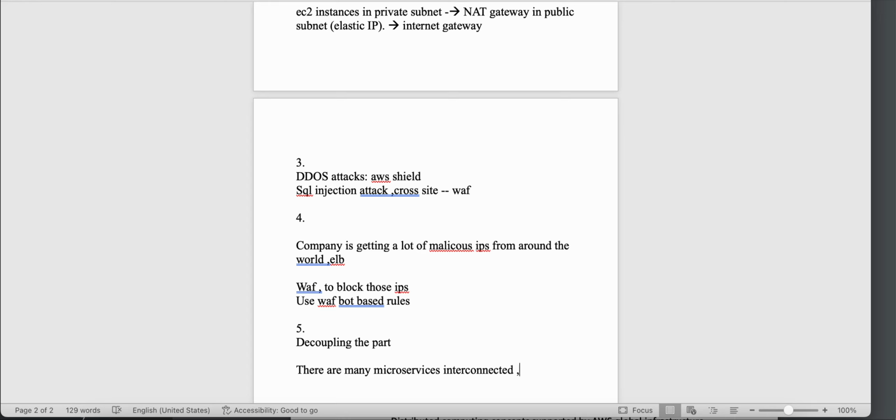So how can the solution architect or the developer reduce the interdependencies?